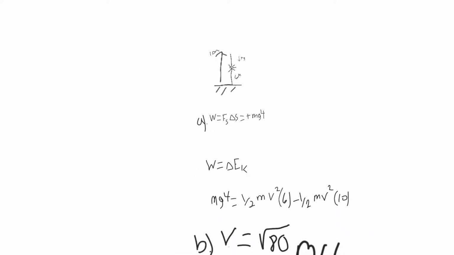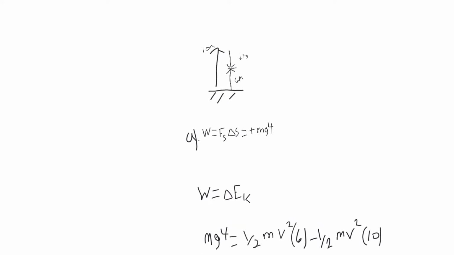So for part A, the work we already know is equal to the force in the direction of the displacement, right? The force is the gravitational force, which is mass times gravity.